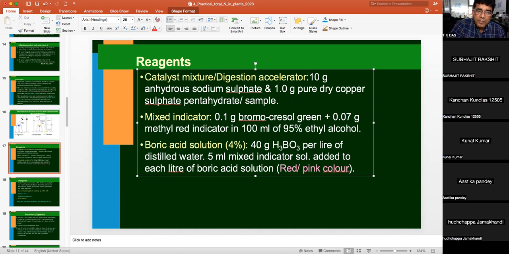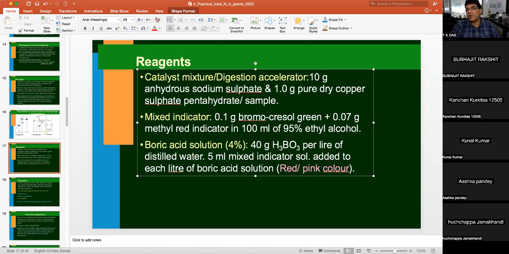Now, how to prepare mixed indicator? Mixed indicator is used in the estimation of total nitrogen as well as available nitrogen. You will use the same indicator, same procedure. How to prepare it? 0.1 gram bromocresol green and 0.07 gram methyl red indicator in 100 ml of 95% ethyl alcohol.